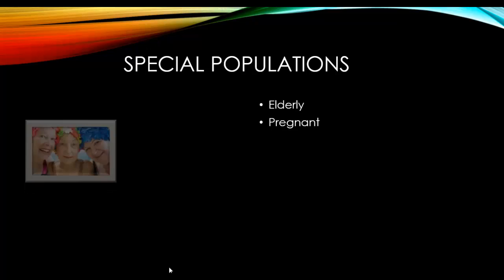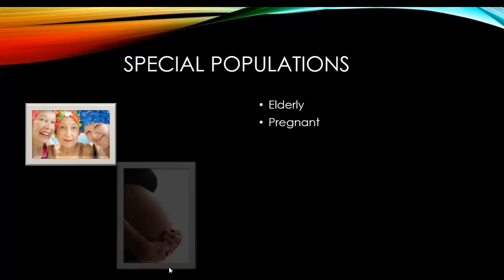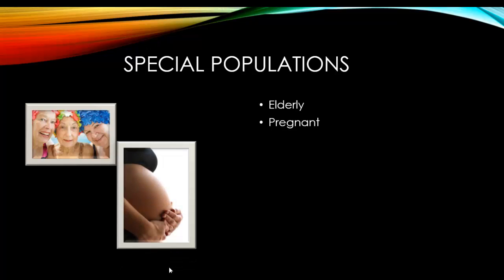Now, as we look at special populations, pay special attention to the elderly and the pregnant. With geriatric patients, you're going to see an increased risk secondary to the comorbidities of polypharmacy, autonomic neuropathy, and dehydration due to decreased fluid intake that you will see in the elderly.